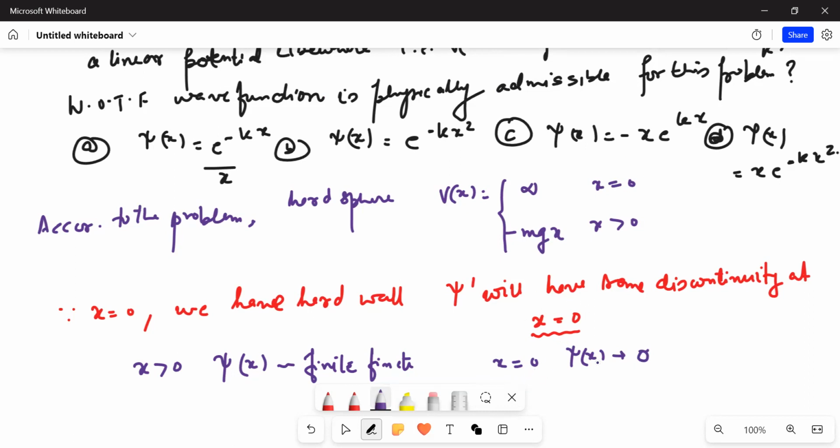So this option cancels out. In fact, this option also cancels out because it is clearly singular at x equal to 0. It is 1 upon x, so it will tend towards infinity as x tends to 0. So this gets cancelled. Now you have two options.